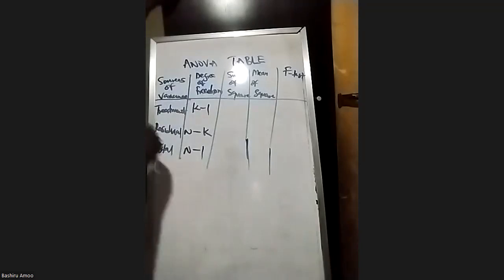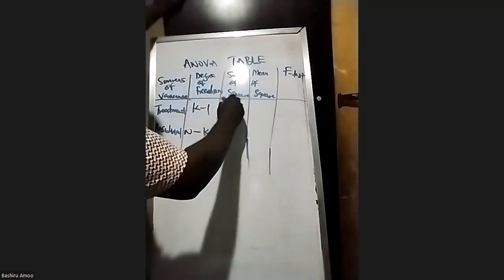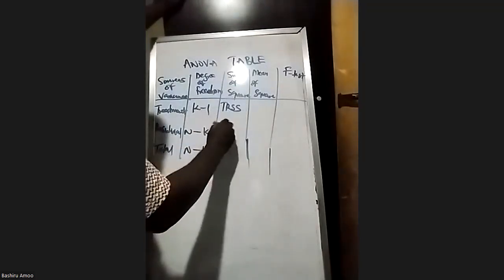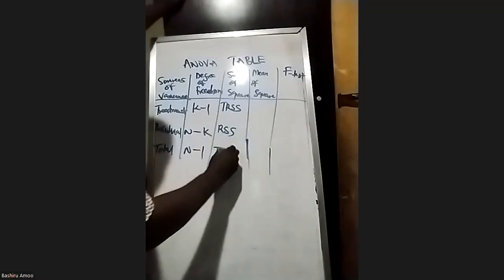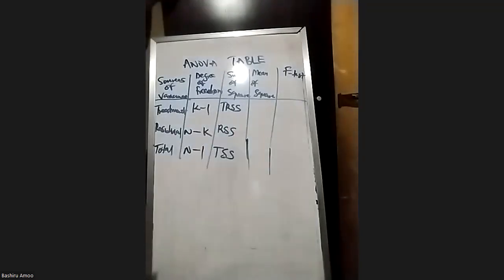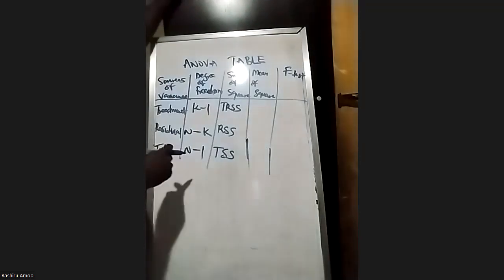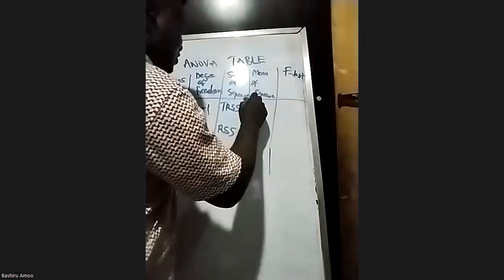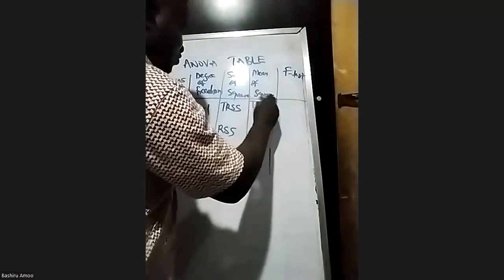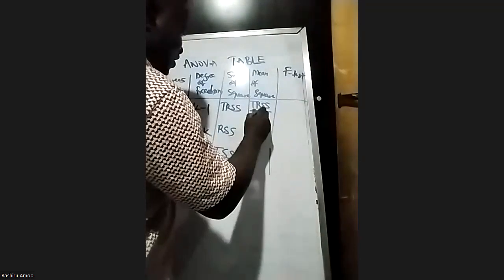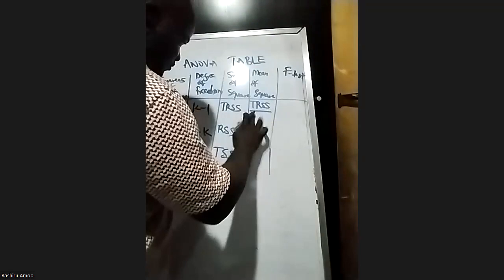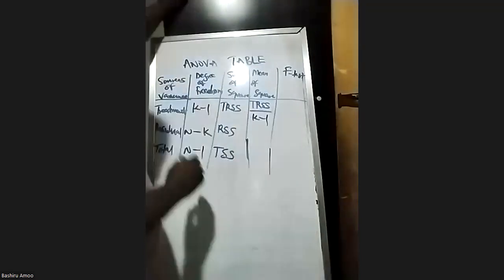Under the sum of square, we have the treatment sum of square, the residual sum of square, and the total sum of square. Under mean sum of square, the treatment is the treatment sum of square divided by k minus 1.